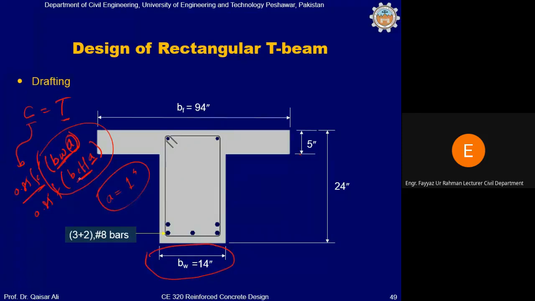Yes, यानी sir, b effective तो आपके पास ज्यादा है, मगर उस लिहाज से आपके पास a की वैल्यू भी कम हो जाएगी. क्लियर? अब क्लियर है कि नहीं? Yes, sir. Clear. So finally the area will remain the same. So that is why in the calculation of minimum and maximum reinforcement we will use bw.